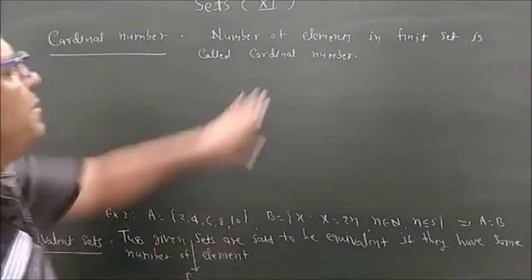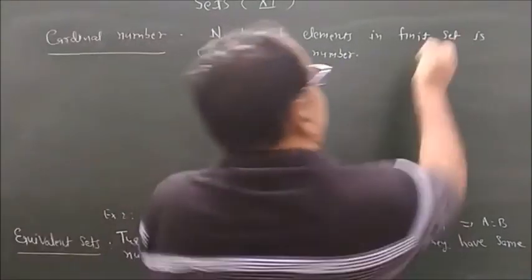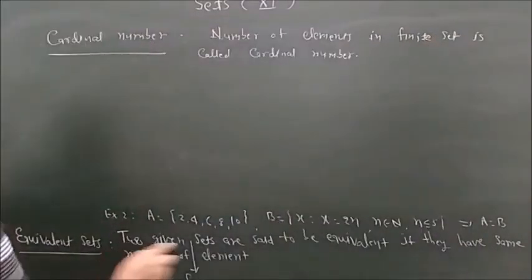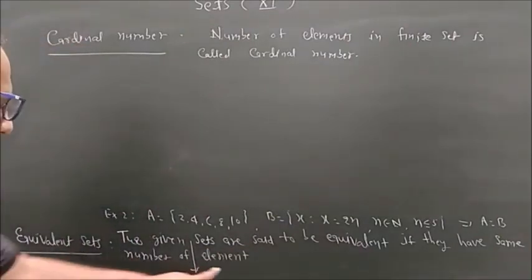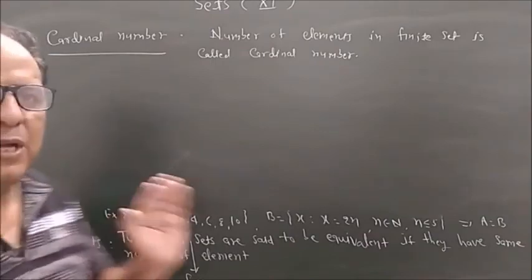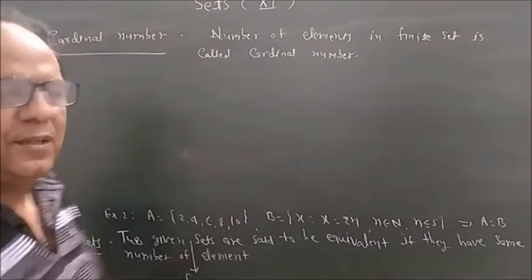So the word cardinal number can be used only for a finite set. Two given sets are said to be equivalent if they have the same number of elements. That means if the cardinal numbers of two sets are equal, then we can say these are equivalent sets.